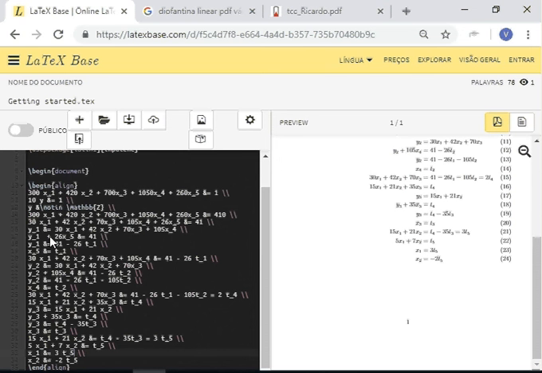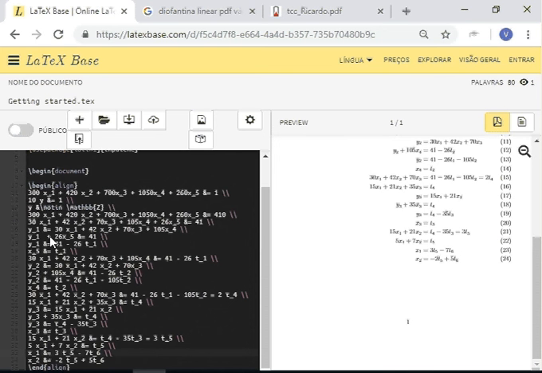Whenever we add 5 to 6 here, we're going to subtract 76 there. This is the final solution. We have x1, x2, x3, x4, and x5 already.